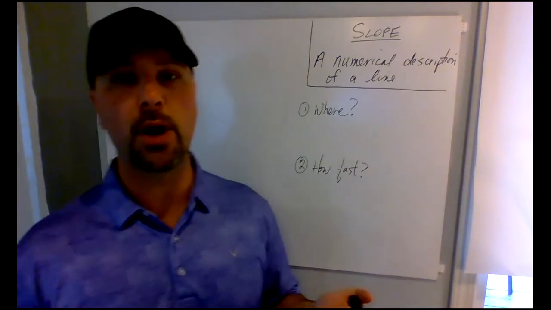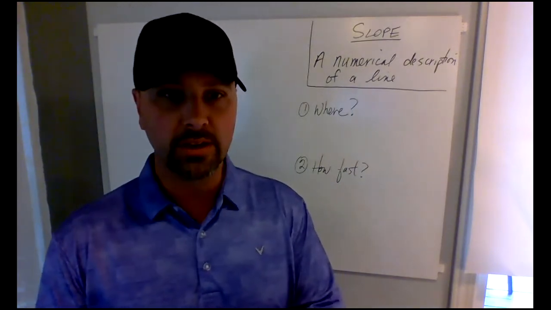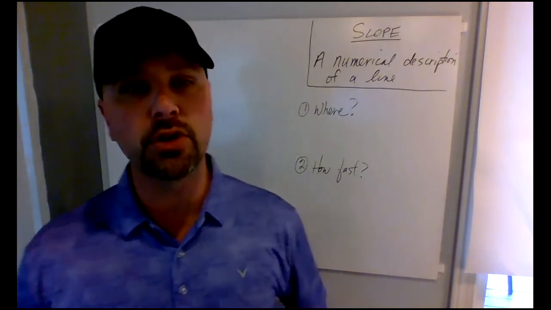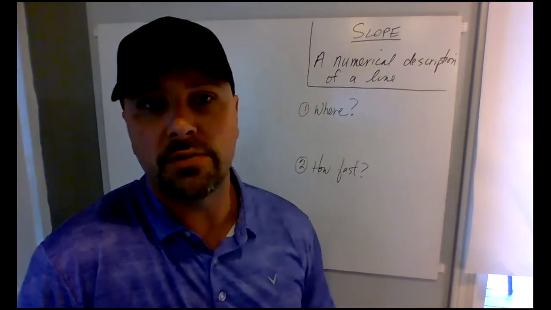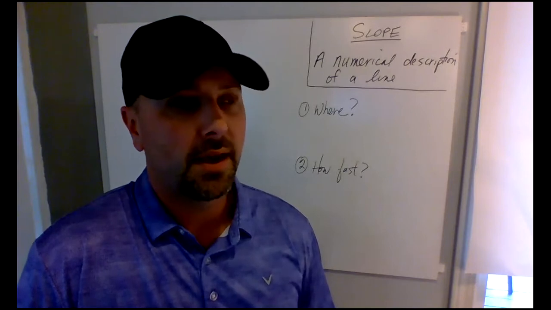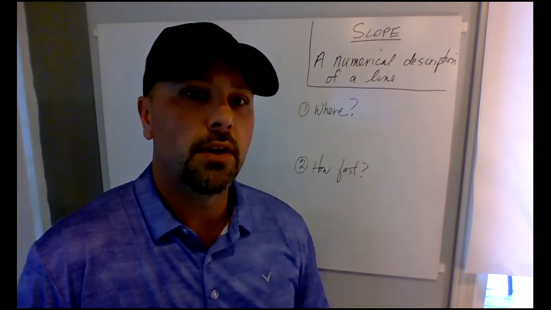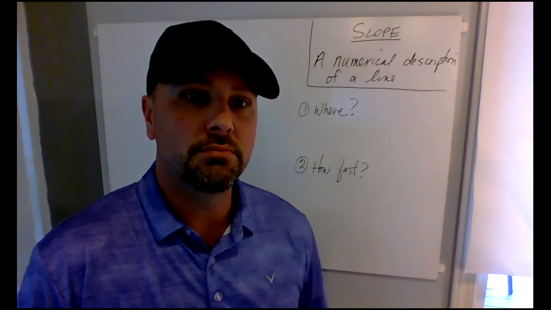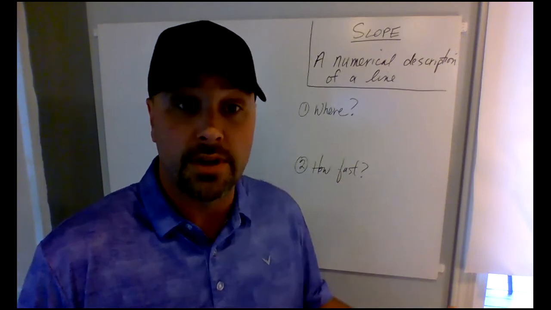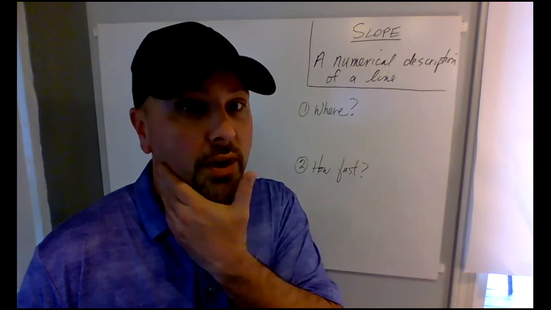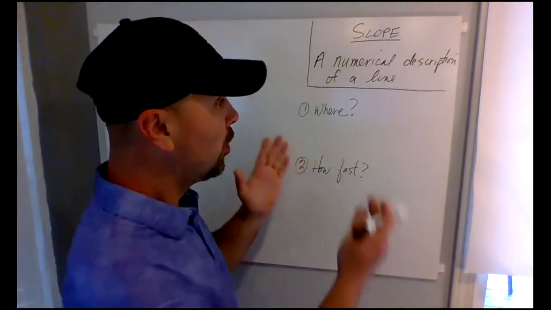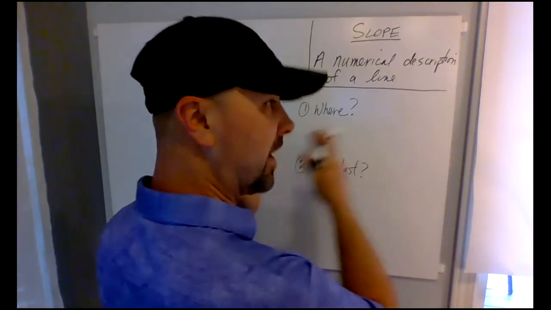So first, let's talk about where. Where is a line going? If you think about whenever you see a graph on television or in a newspaper or a textbook, it's describing something about where it's going. And we read from left to right.